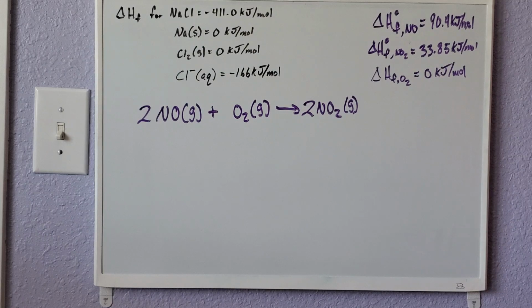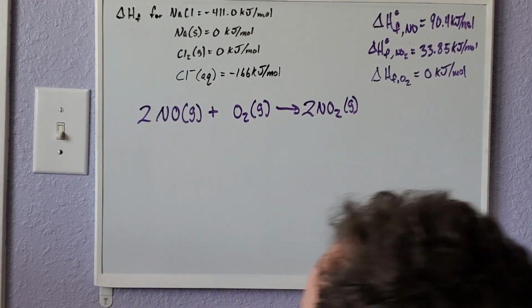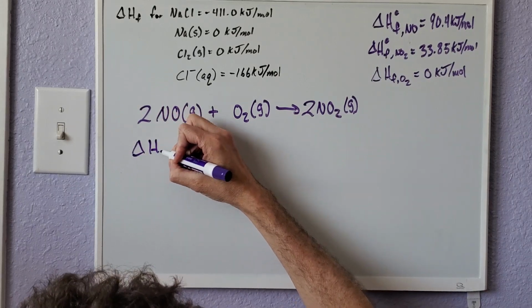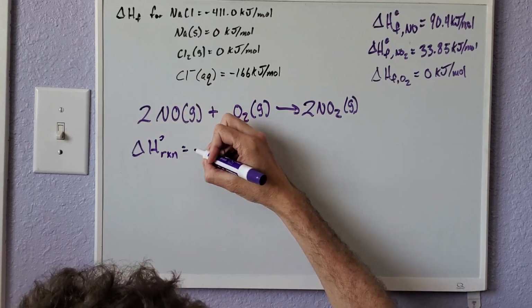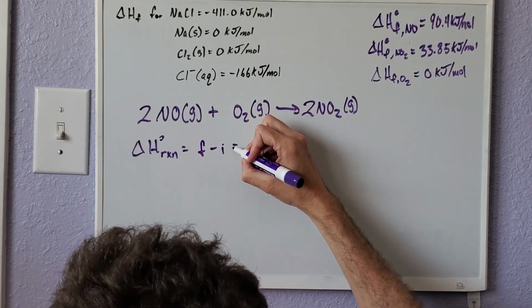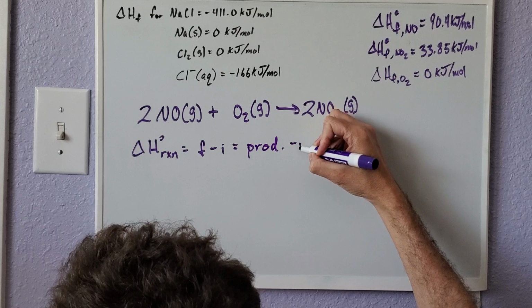And so the delta H of your reaction, as I've mentioned in class in the past, you have to understand that your delta is always going to be your final minus initial, or in this case, your products minus your reactants.